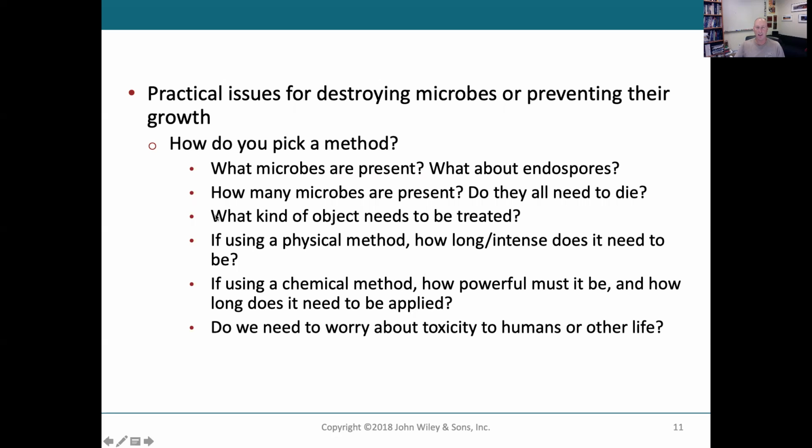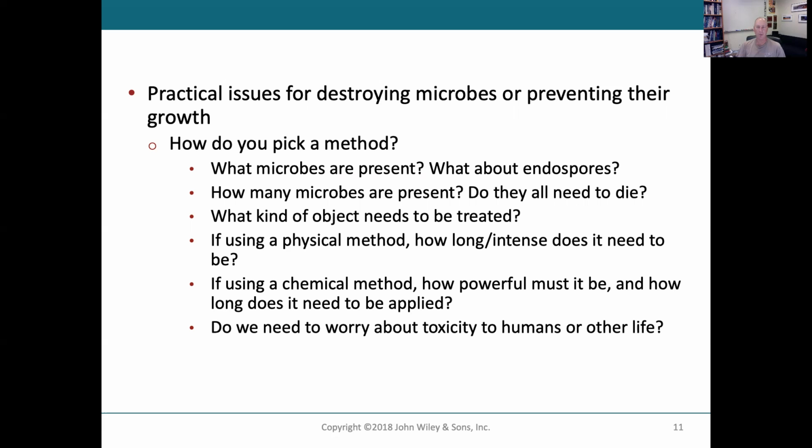What is it that you're trying to treat? Is it a sturdy physical material? Is it a liquid? Is it more fragile or labile? Are there key chemicals in there that can't be destroyed, or you lose the function of whatever it is you're trying to treat, etc.? If it's a physical material, for example, can it stand up to heat?